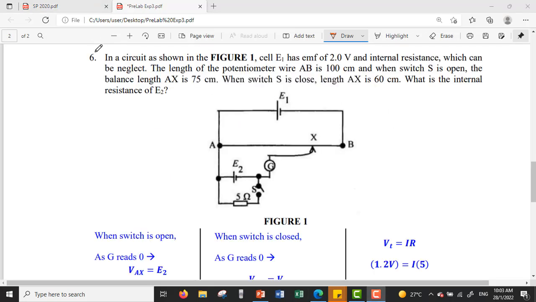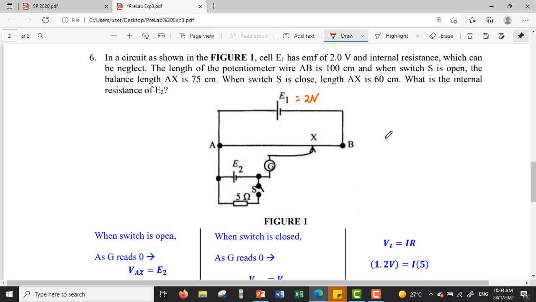Then we proceed to question 6. In the figure as shown in figure 1, E1 is 2 volt and its internal resistance can be neglected, so it means that E1 doesn't have any internal resistance. The length of potentiometer wire AB is 100 cm.